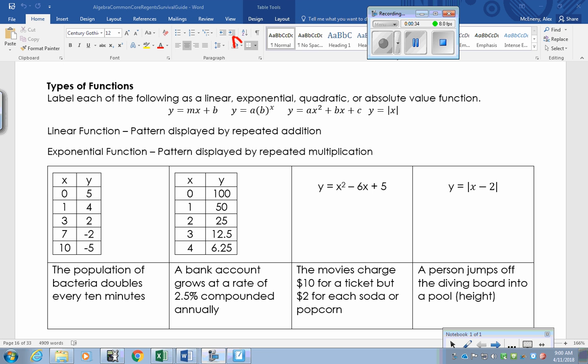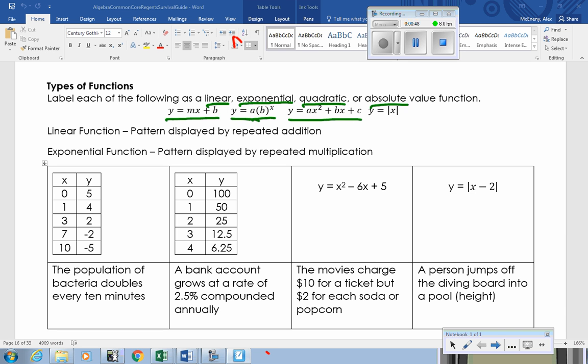So on page 16, talking about different types of functions. So we got some generic equations for those. So you got linear, you got your exponential, your quadratic with your square term, and your absolute value function, which is the absolute value signs. And some of the things we're going to talk about with this is for the linear functions, you got some patterns displayed.